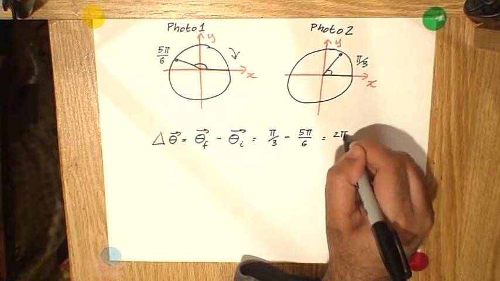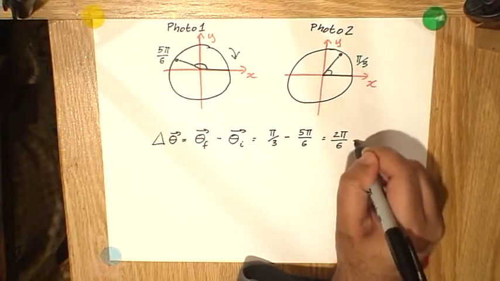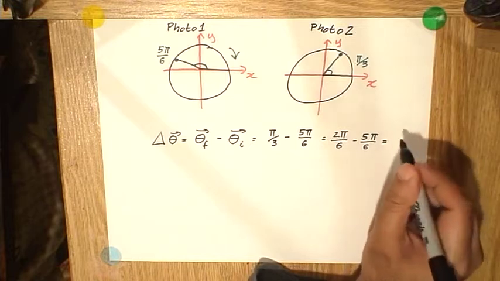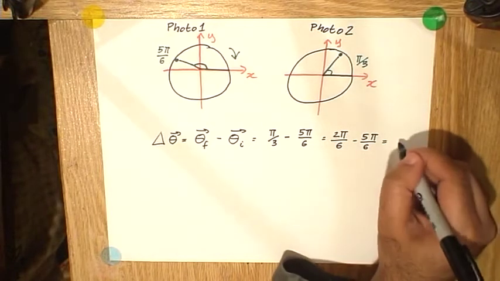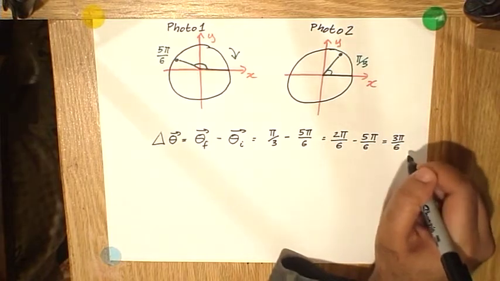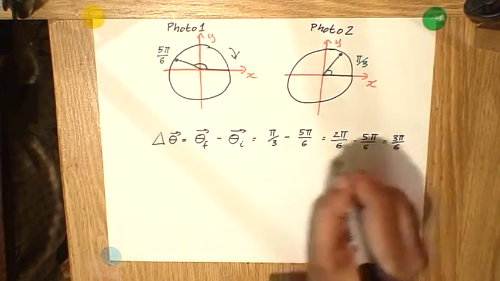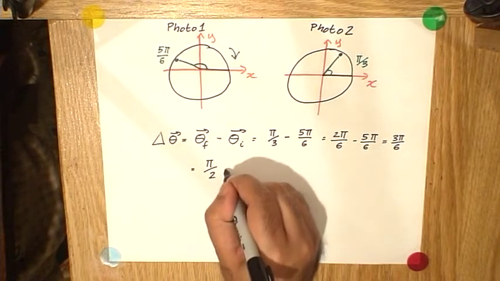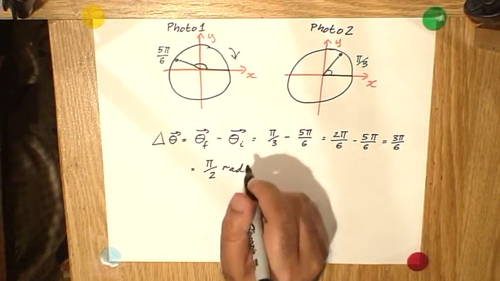That gives us 2 pi over 6 minus 5 pi over 6, which is equal to 2 minus 5 gives us 3 pi over 6. All of which is equal to pi over 2 radians.